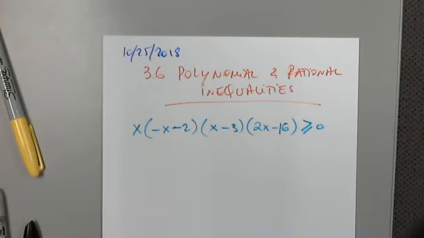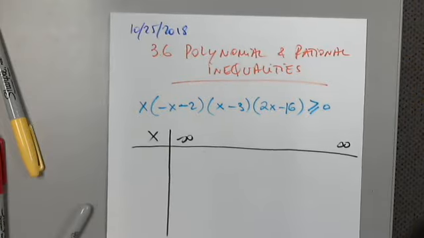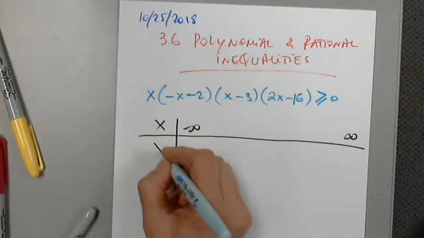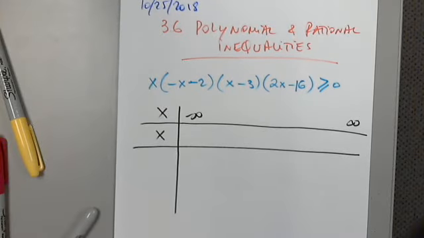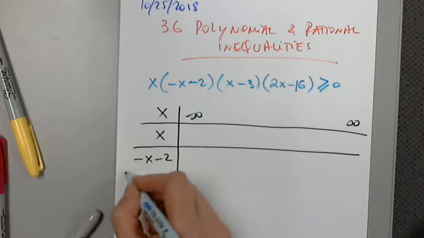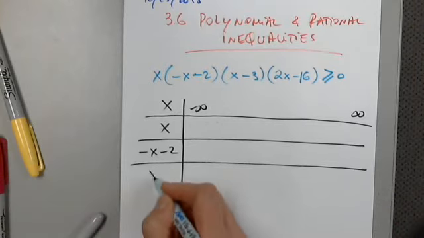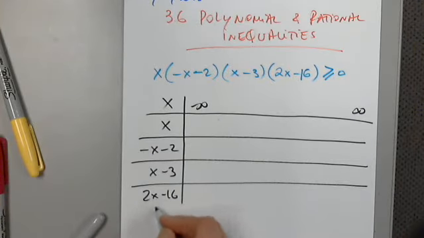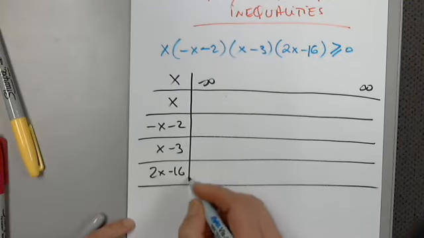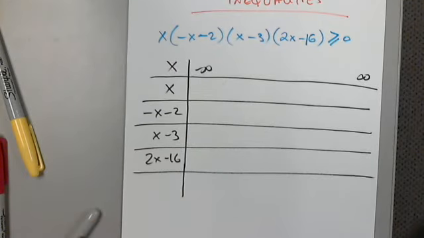I'm going to create a table in which x at the top is the variable in the problem. The next row is the first factor in the problem, which happens to be x. The next one is negative x minus 2, which is the next factor, and then x minus 3, and then 2x minus 16. And then the last one, what do you think the last row will be?